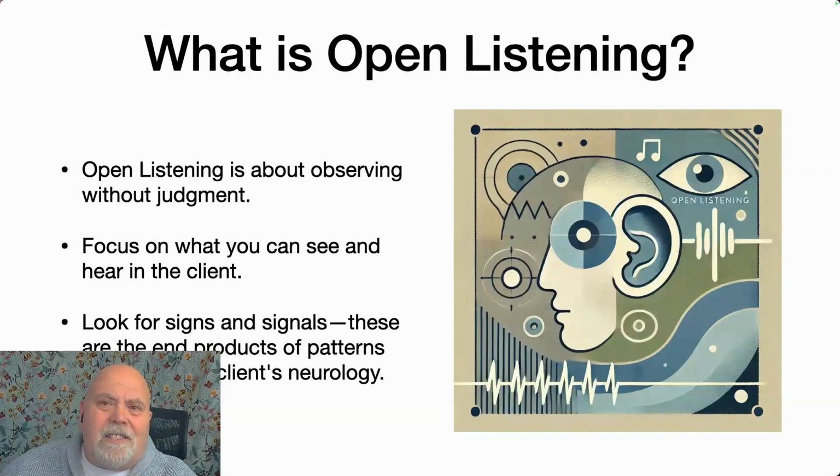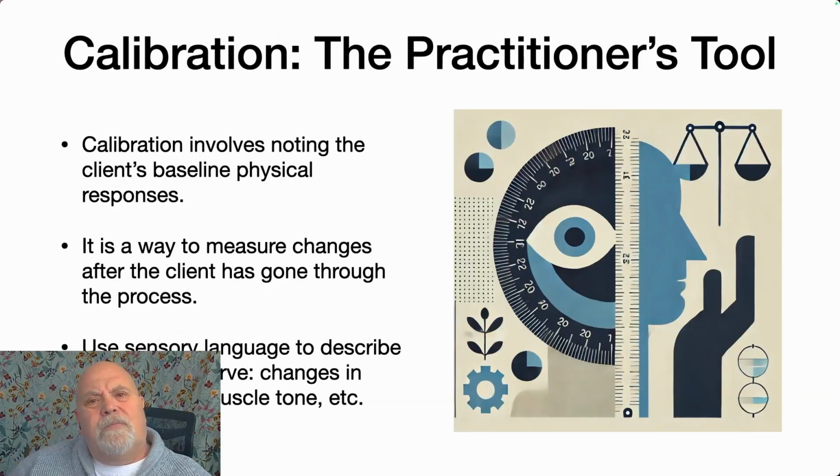The signs and signals as we observe them are the end products, the fruits of patterns running in the client's neurology. So, explaining calibration then, it's noting the client's baseline physical responses. It's the way in which we can measure any changes in the client after they have been through the process.